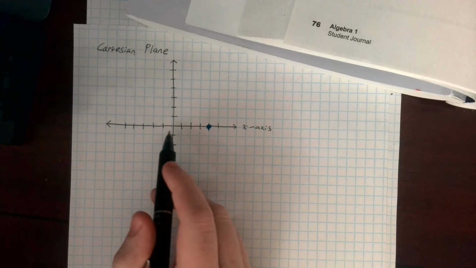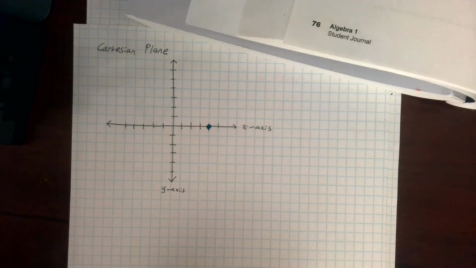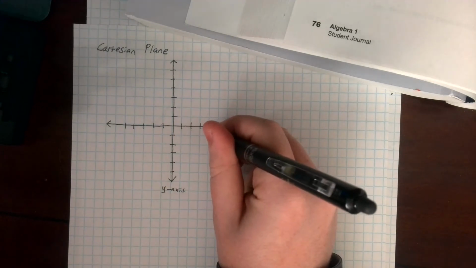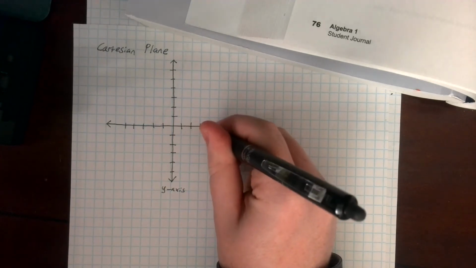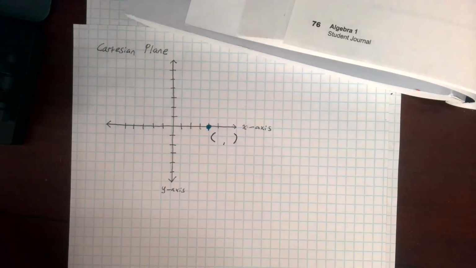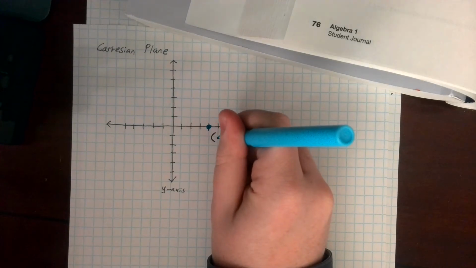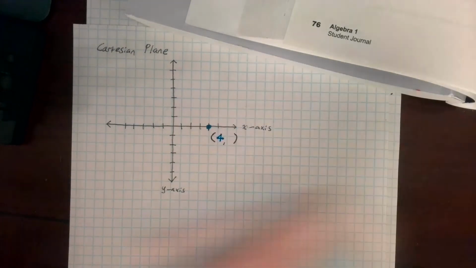Well, if we start from going left to right, it's 1, 2, 3, 4 units to the right. That means when we write out the point, the first thing we're going to write down is going to be the number 4, our x-coordinate. The x-coordinate, again, just tells you how far left or right you go.